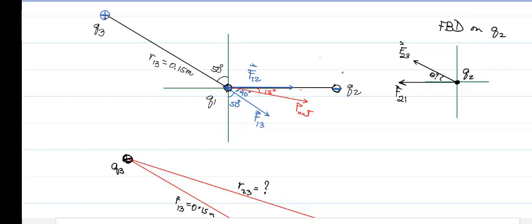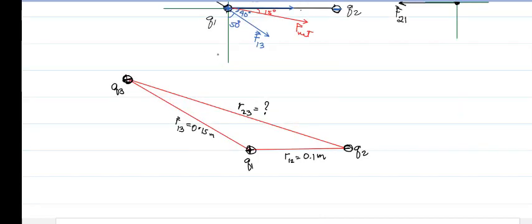So applying the sine law, since we have a triangle that looks like this. So this is the position of our Q1, then the Q2, and the Q3. The R13 given is equal to 0.15, and R12 is equal to 0.1 meters. But R23 is yet to be computed.